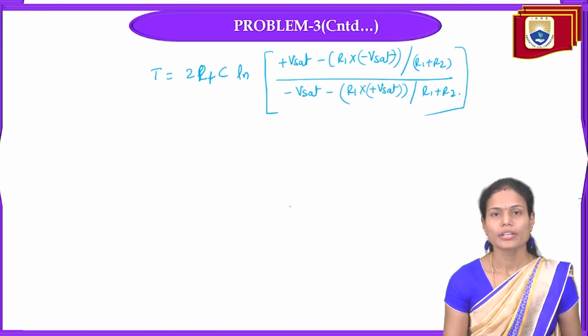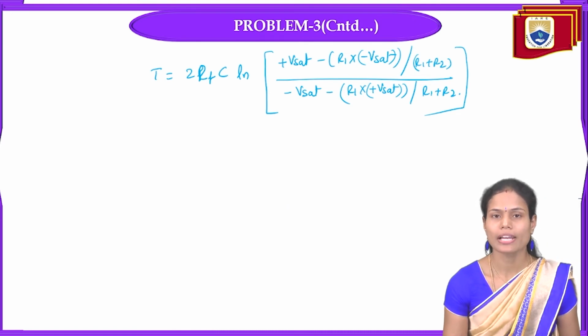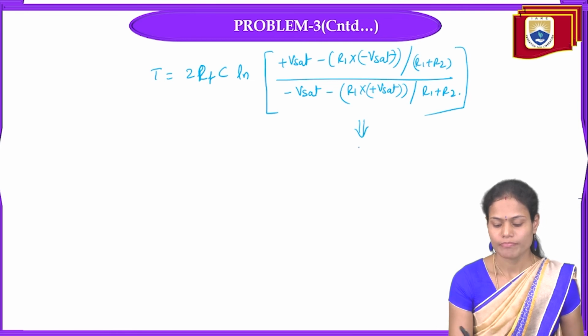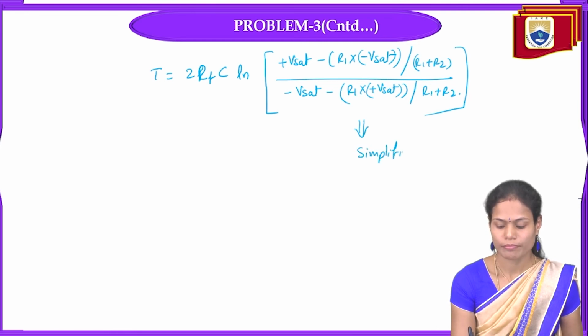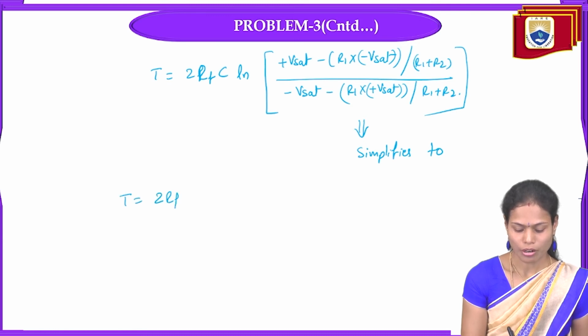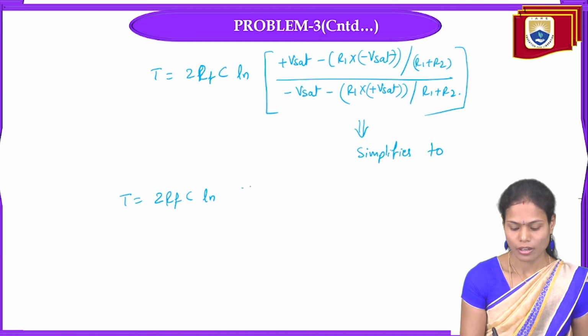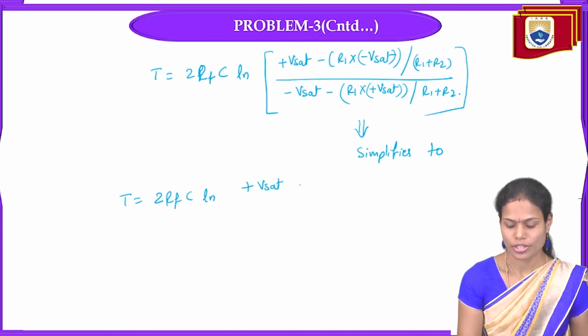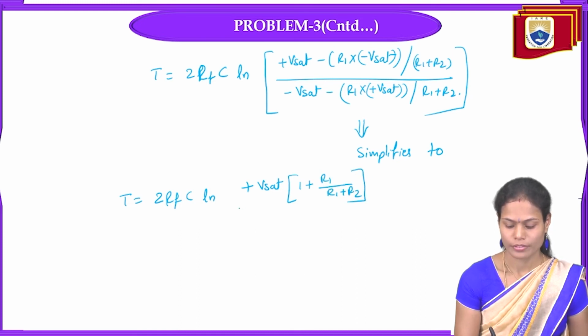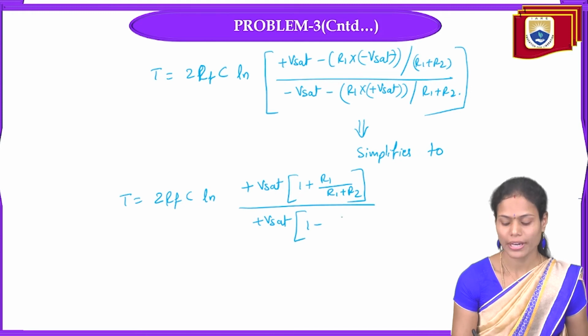Okay. So here, suppose the magnitudes of the positive saturation level as well as the negative saturation level are equal, this total term we can simplify to T equal to 2 RFC ln of (plus V saturation of 1 plus R1 by R1 plus R2) divided by (plus V saturation of 1 minus R1 by R1 plus R2).